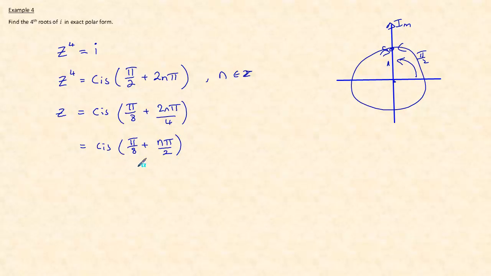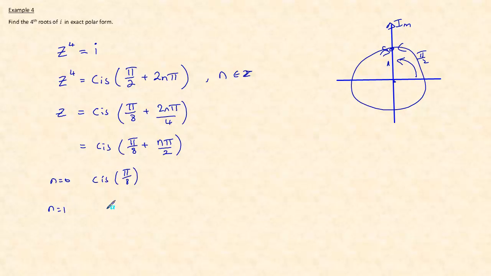So now it's just a case of taking some values of n and making sure we stay within the principal argument range. So n equals 0 is an obvious one, so that's going to give us cis pi by 8.